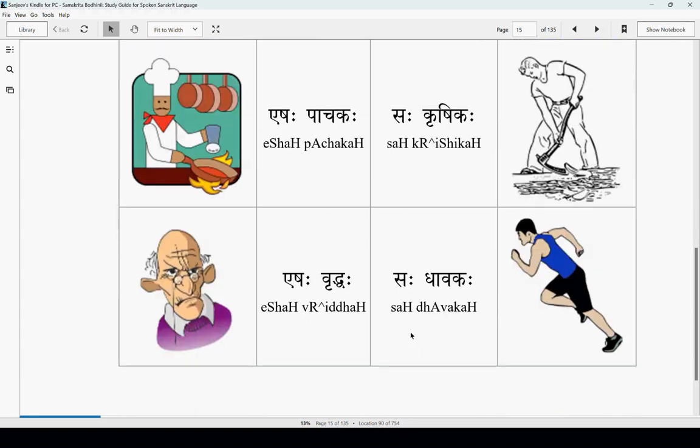And then एषः वृद्धः, this is an old man.